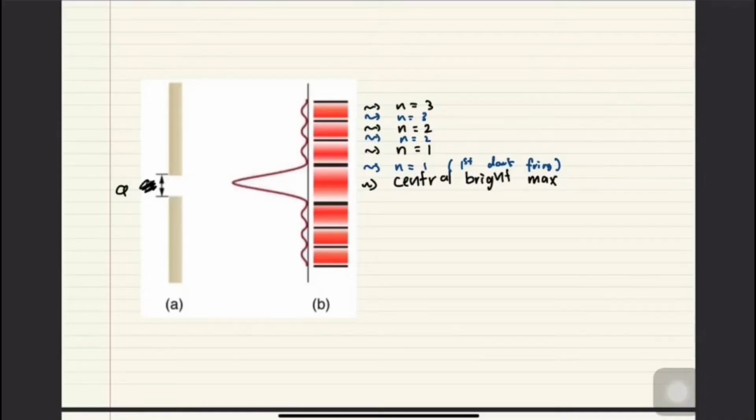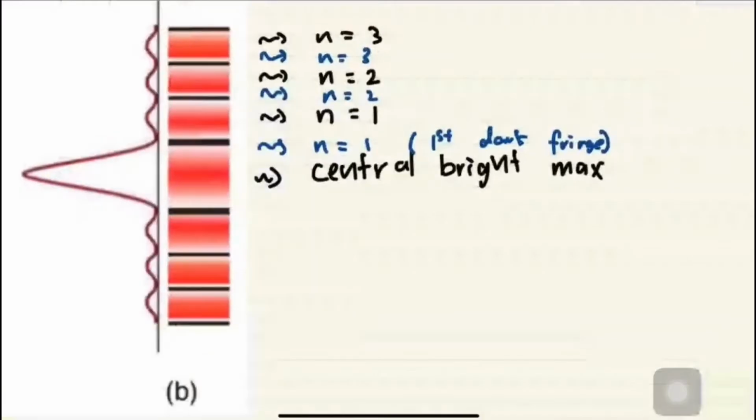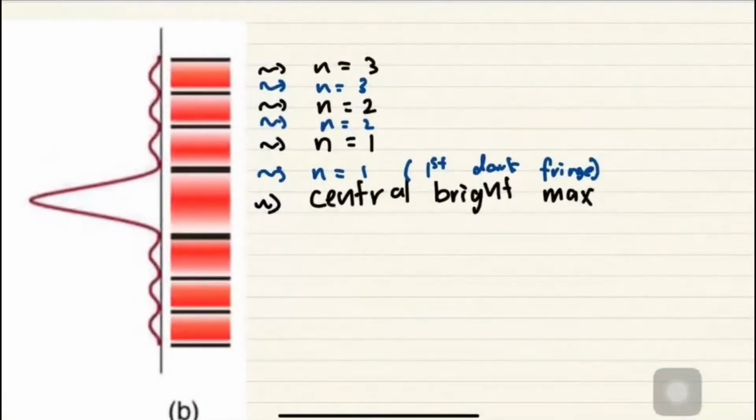So n and the number of fringe are the same. For this one, first bright fringe. The easiest way to remember: the number of fringe and the number of order are pretty much the same. It's the same number, so you don't have to worry.